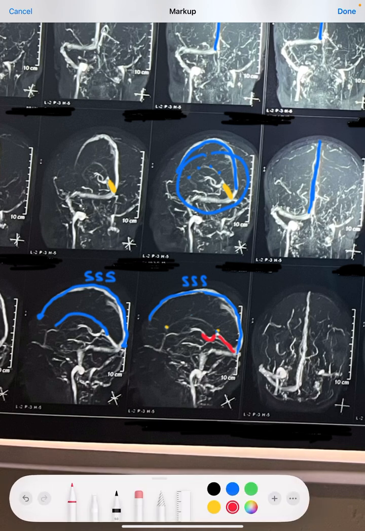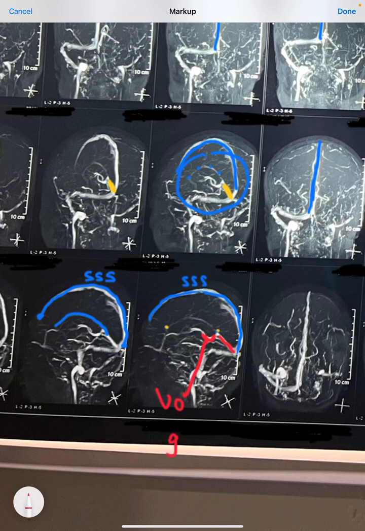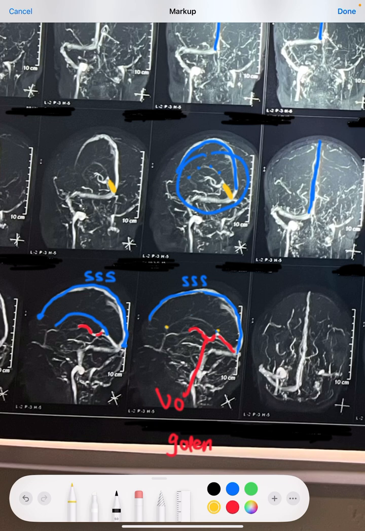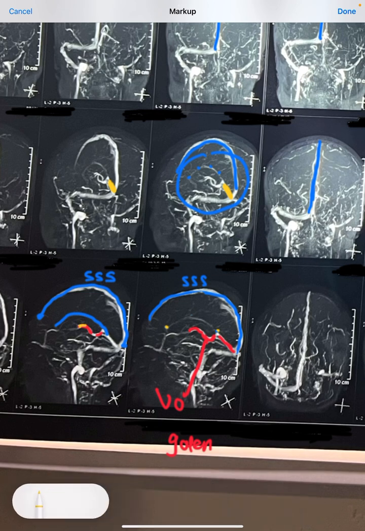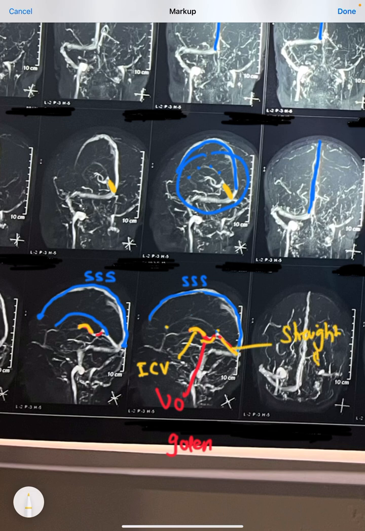This vein of Galen can be traced continuously anteriorly as internal cerebral vein. So this vein is internal cerebral vein. This or this, this is internal cerebral vein. This is vein of Galen. This is straight sinus.